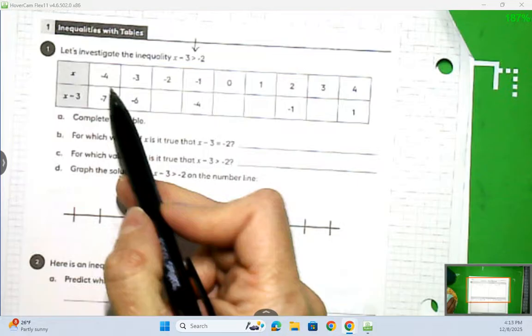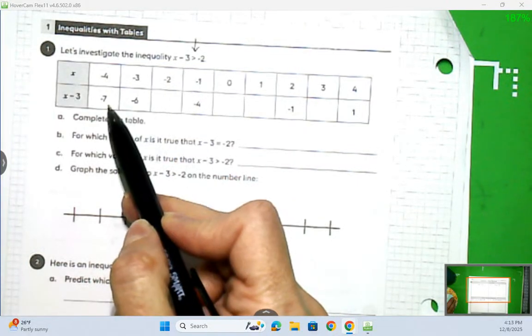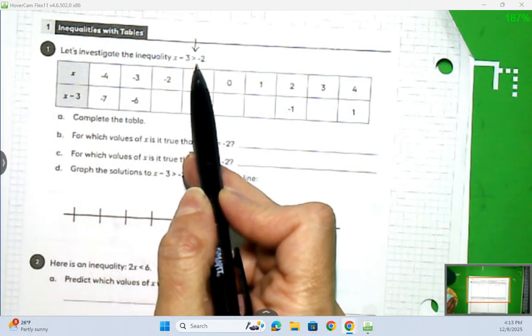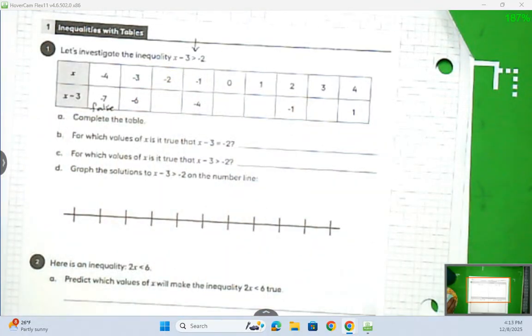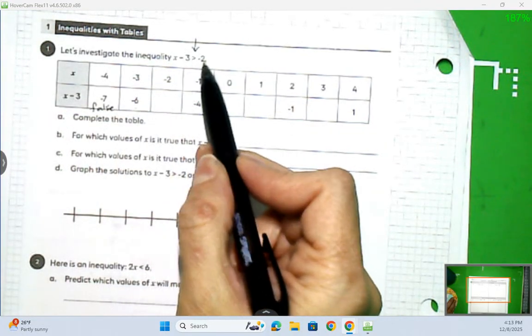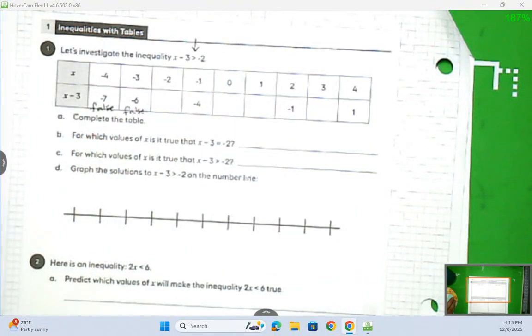If we have -4 for x, -4 minus 3 is -7. Is that greater than -2? That is false. Then -6 is also not greater than -2, so that's false.